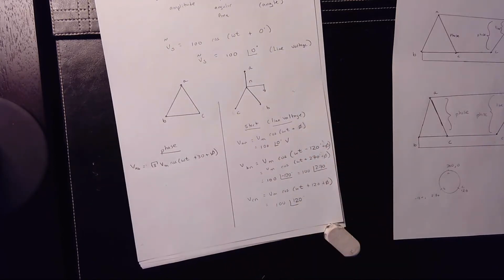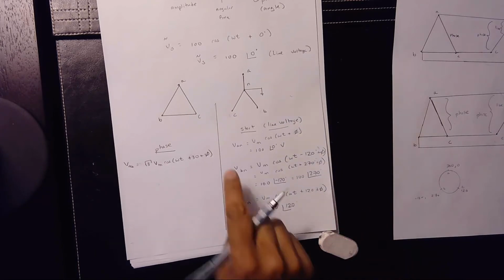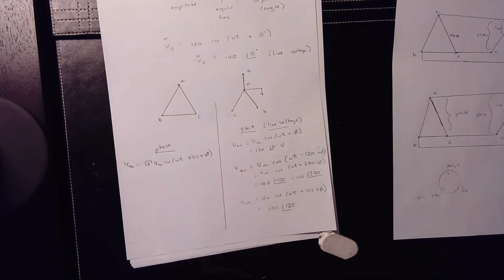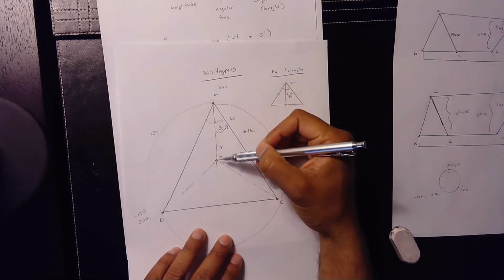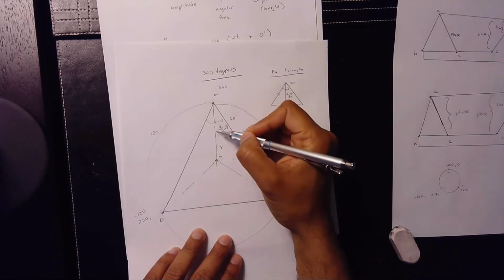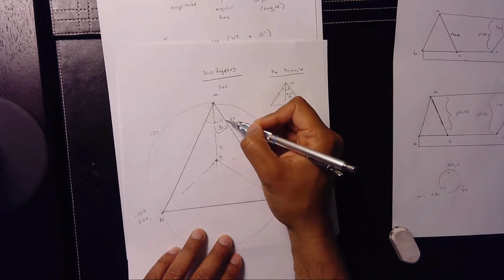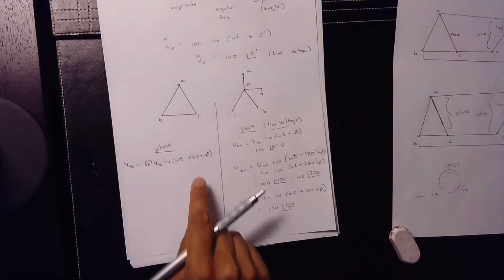Okay. Why is it plus 30 plus phi? Because your triangle, your line is here, at 30. It's offset by 30. So you would have to add 30 to get 60. When you're adding 30 to get 60, this is where you get your phase.